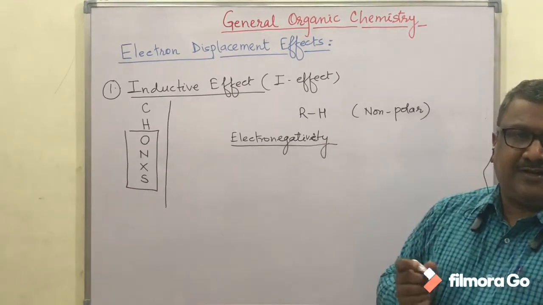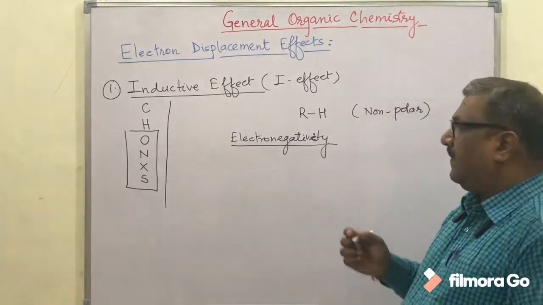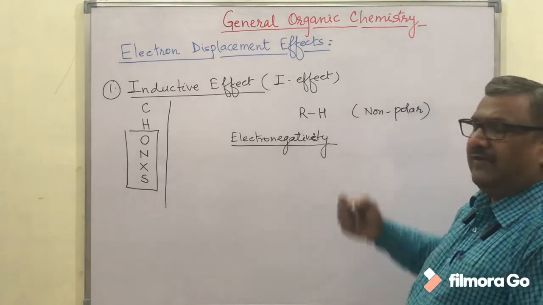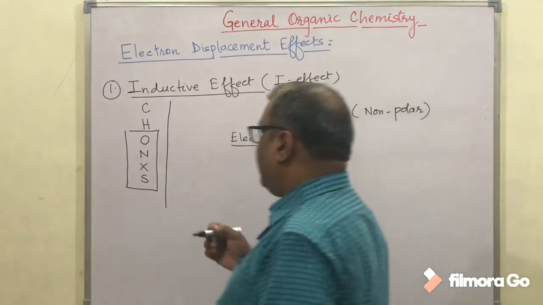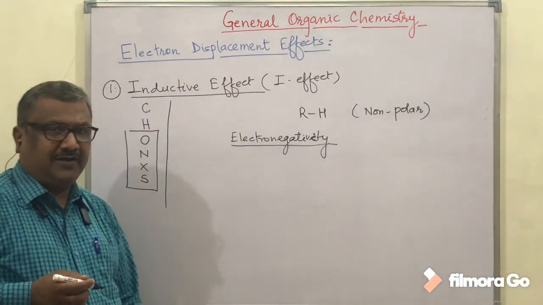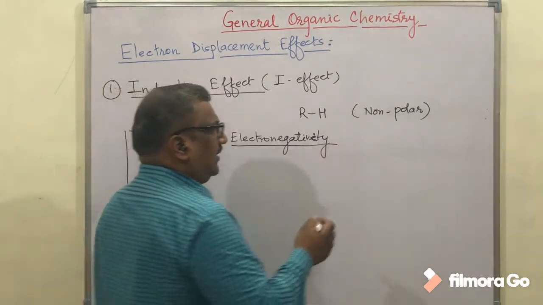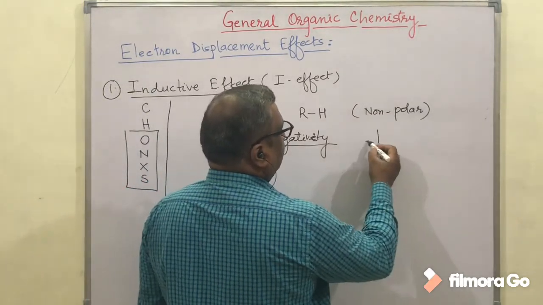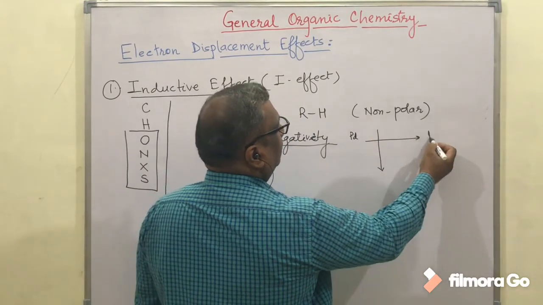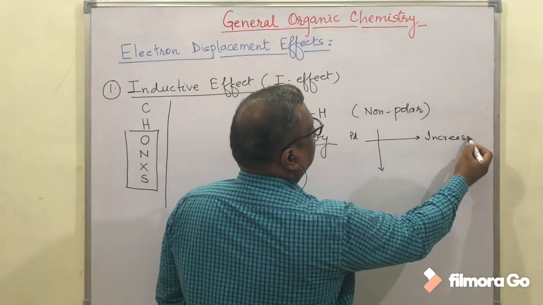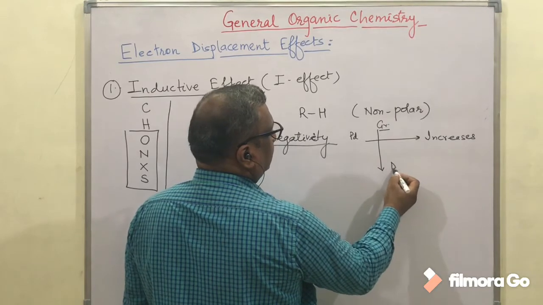But as an application, especially in organic chemistry, we will apply it in maximum cases. So I am recalling electronegativity before discussing the inductive effect. First, its periodic trend: across the period it increases, and on moving down the group from top to bottom it decreases.